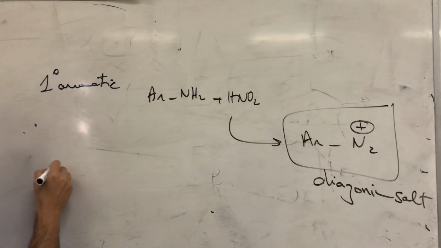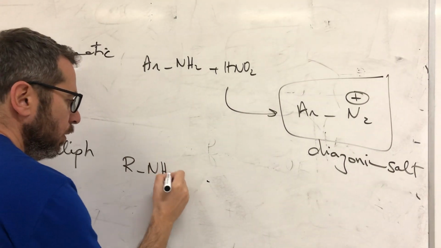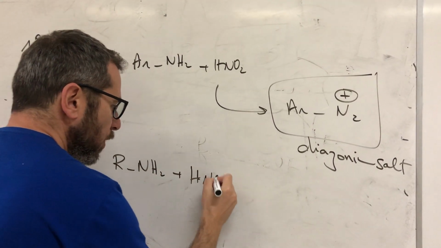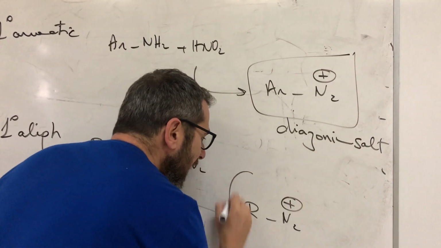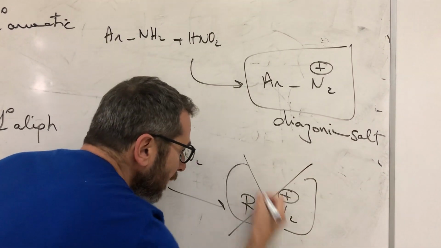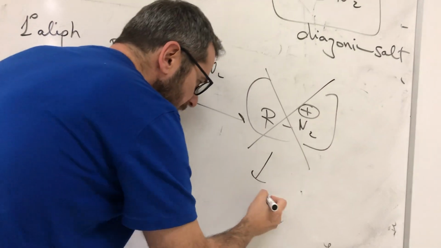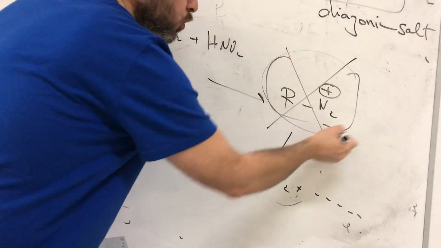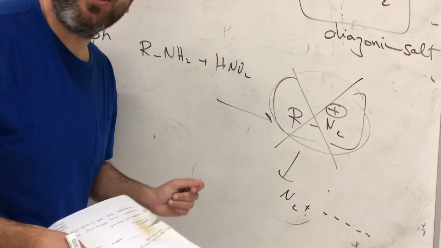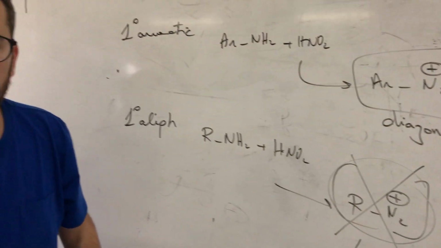If you have a primary aliphatic RNH2 with HNO2, you will obtain RN2+. A diazonium salt on an aliphatic chain is unstable, it will directly decompose to give N2 plus a mixture of other compounds. So don't use diazonium on aliphatic. Diazonium is always on aromatic.